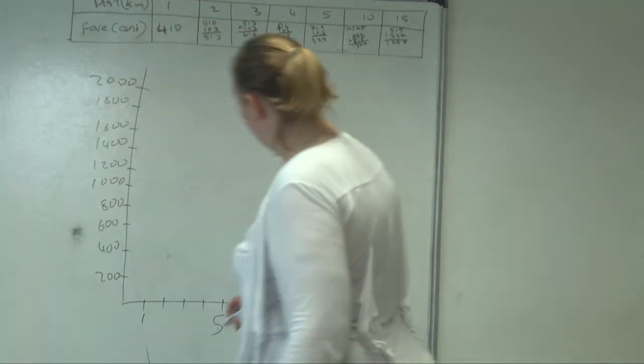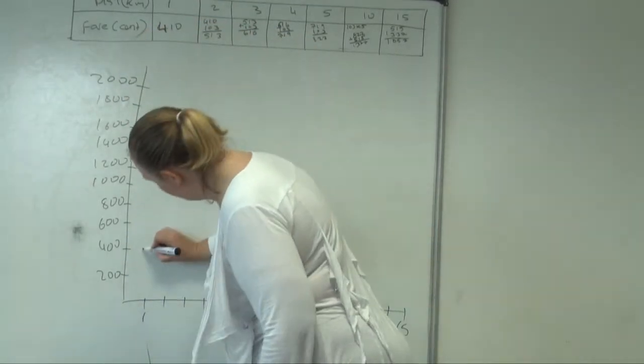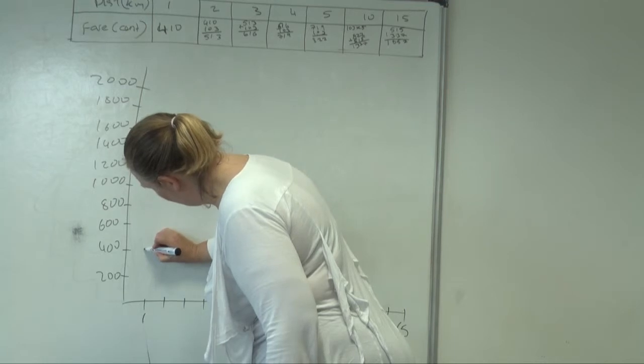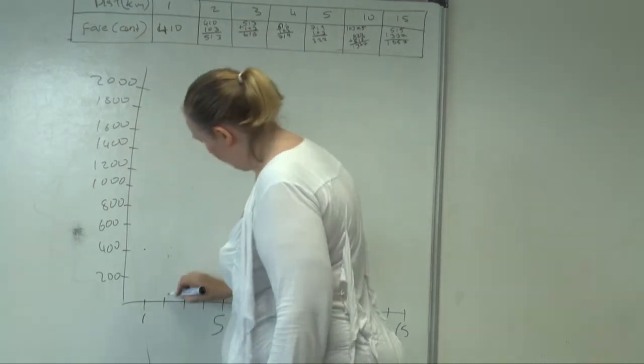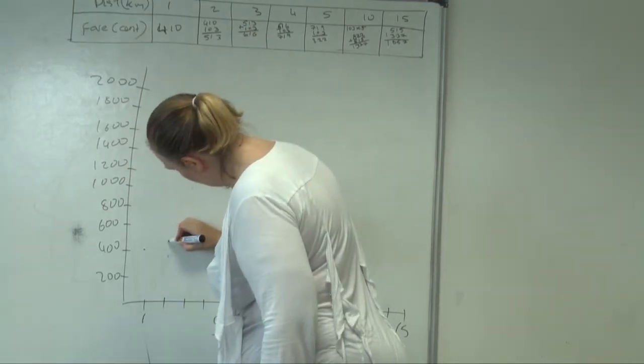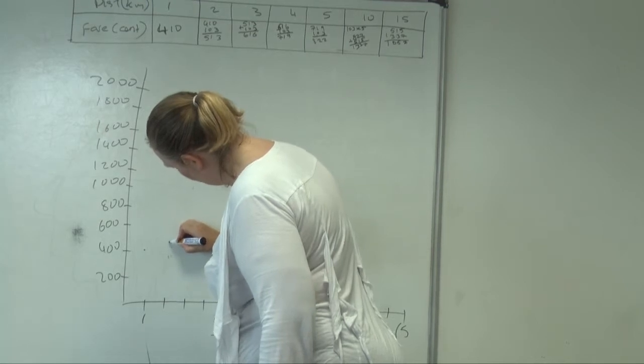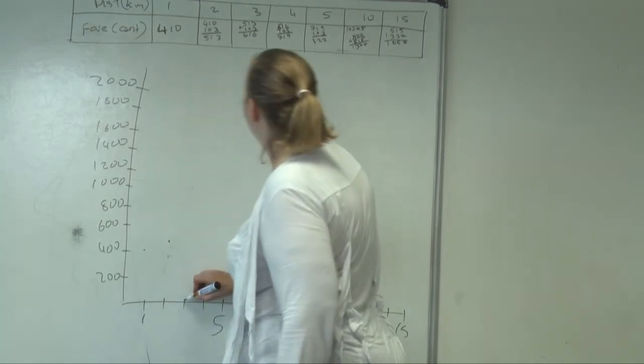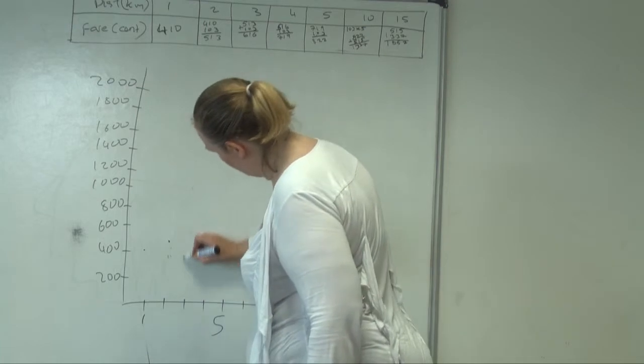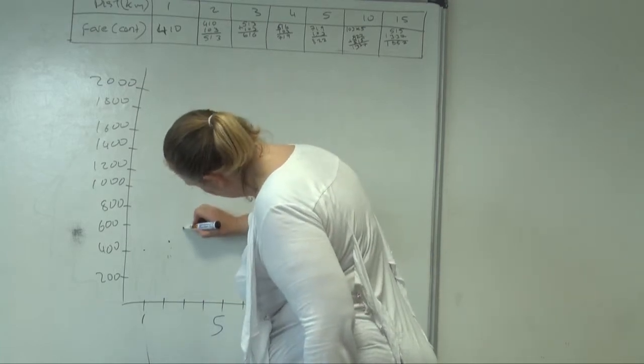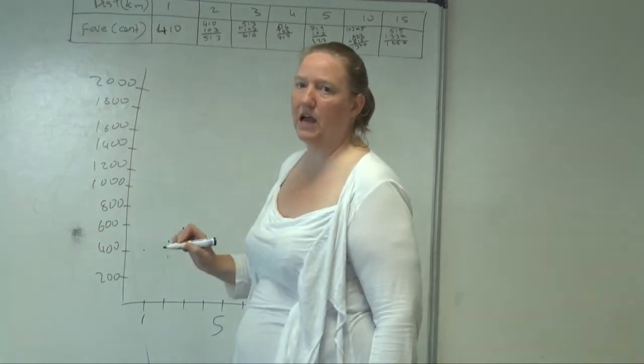So 1 kilometre was 410, so that's just about there. 2 kilometres is 513, so that's just above it. 3 kilometres is 616, that's just above the 6. Obviously you do this accurately.